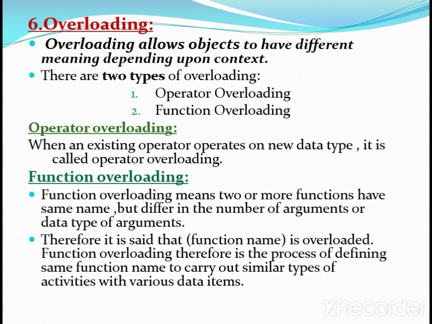This is nothing but function overloading. Therefore, it is said that the function name is overloaded. It is the process of defining the same function name to carry out similar types of activities with various data items.